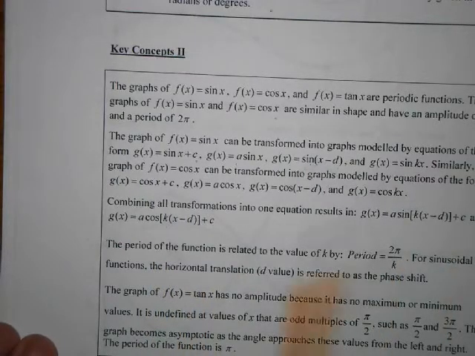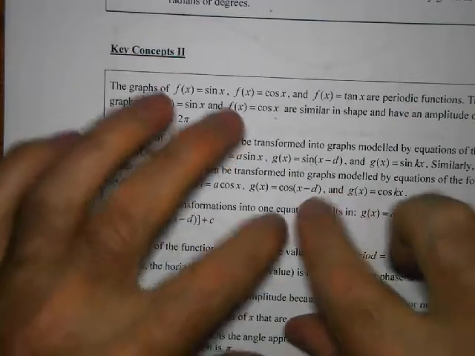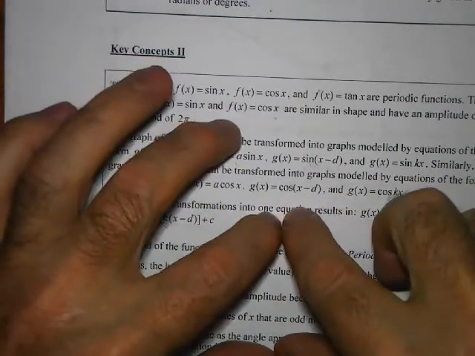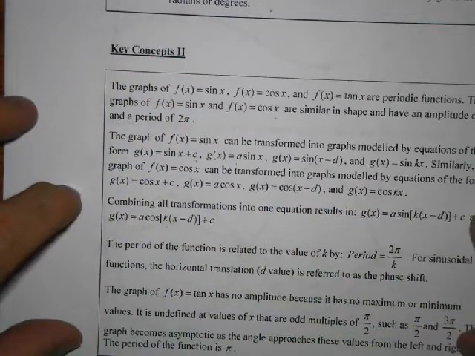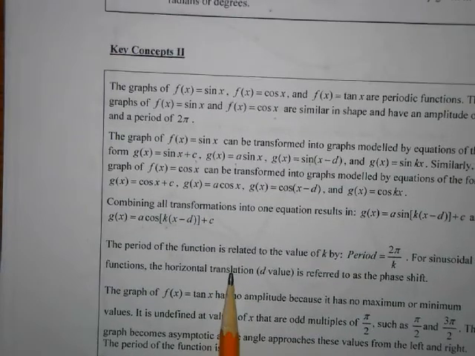Now, once we get into the k value, you're going to see k starts pulling the graph apart, or pushing it together, compressing it, or stretching it. So you can tell that if we did that to our graph, that's changing the period.